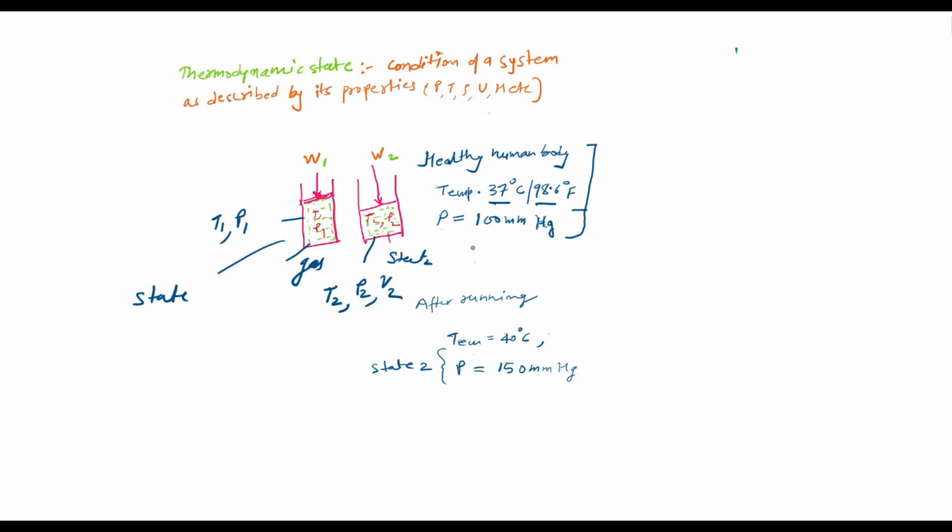The pressure is 120 to 80 mm of Hg. If we take the average of these two, we can take it as 100 mm of Hg. So this is the human body in state 1, the normal state.